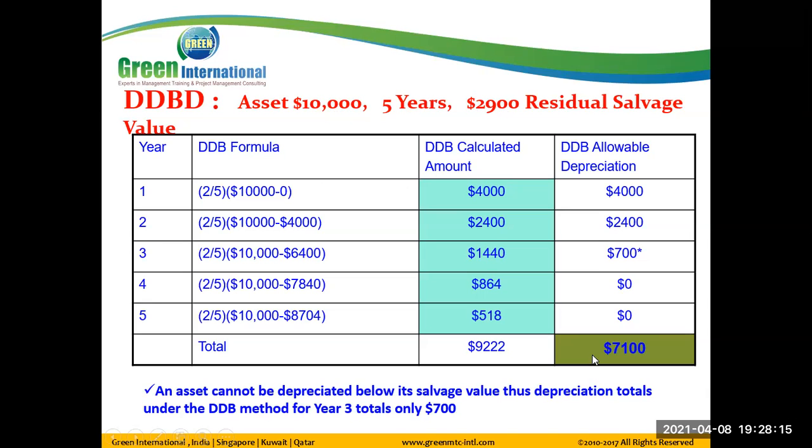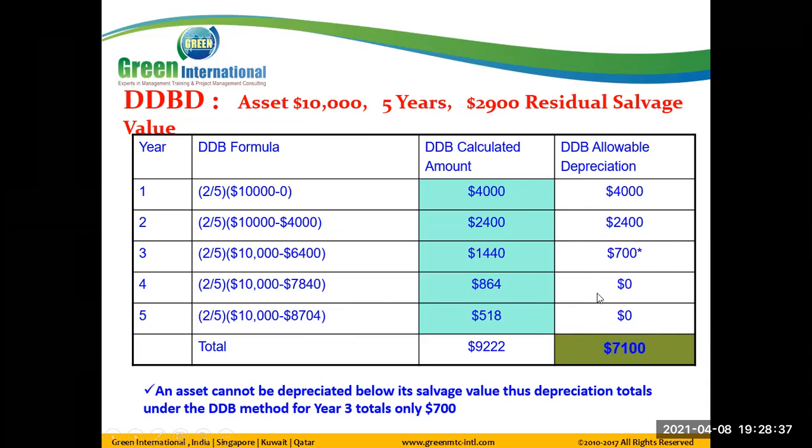So 7,100 minus this 6,400 gives you 700. So though the calculated amount is 1,440, you cannot depreciate it because of the residual value of 2,900. That means total depreciable amount only 7,100 you can get. So because of that, the third year depreciable value is 700.